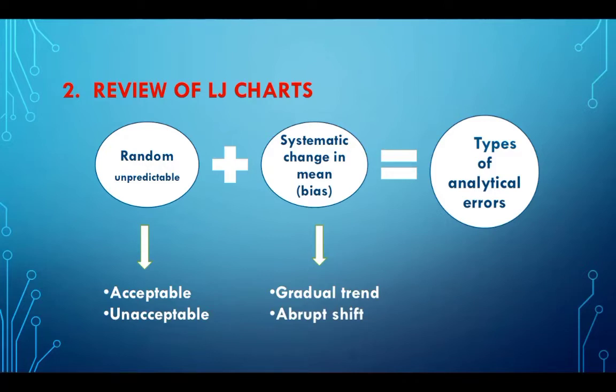This is called shift. But when it is moving in one direction, either higher side or lower side, then it is called trend. So we have to understand this. And when we talk about inaccuracy, both of these operate in that inaccuracy.